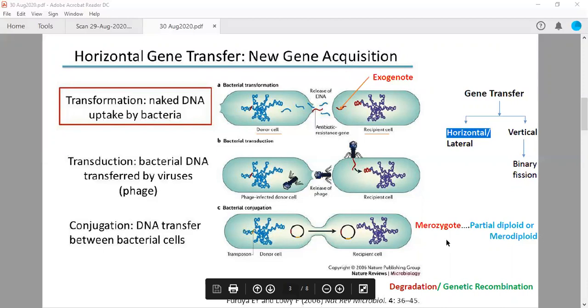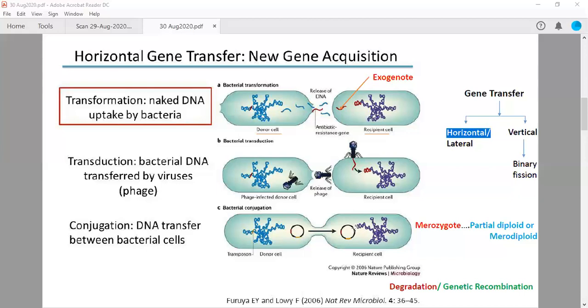Now, there is a term merozygote. Merozygote is when there is a transfer of a fragment of DNA, so there is a possibility that a gene or a segment of DNA is present in diploid form, in two copies in the same cell, at least for some period of time.